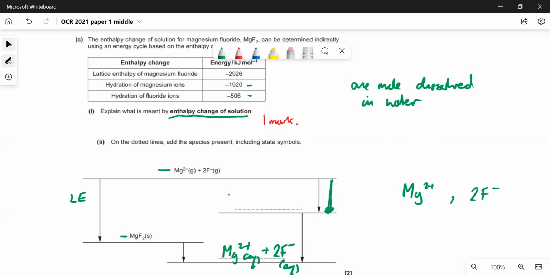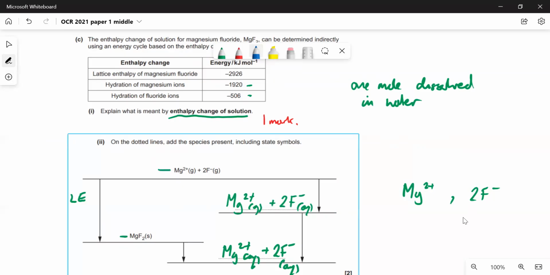So the magnesium ions are going to still be gaseous there. And we've just hydrated the fluoride ions. Aqueous. And then in this next step here, in blue, yeah, we are hydrating the magnesium ions. Goes from magnesium gas to magnesium aq there. So that's that bit there.